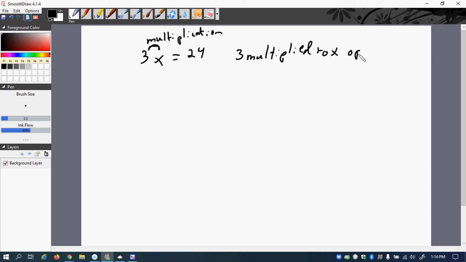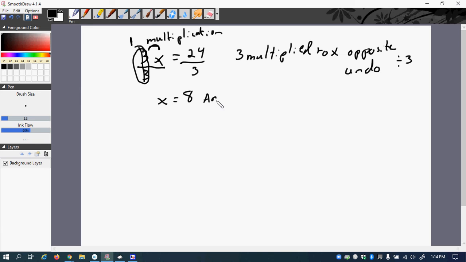So opposite or undo is dividir, divide by 3. So we divide by 3, divide by 3. So 3 divided by 3 is 1. 1 times x is x. So 24 dividido 3 is 8.